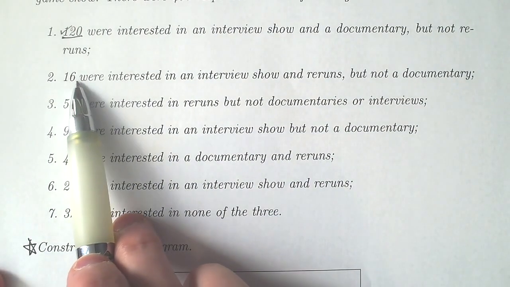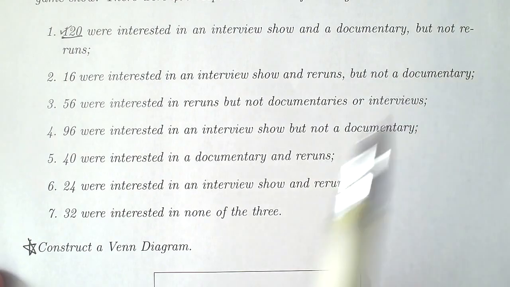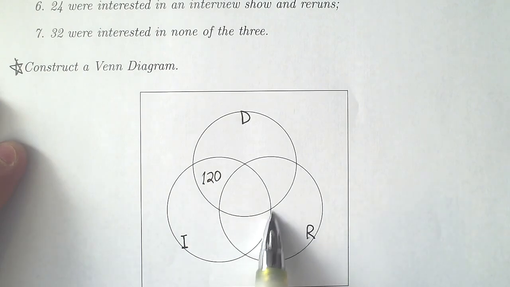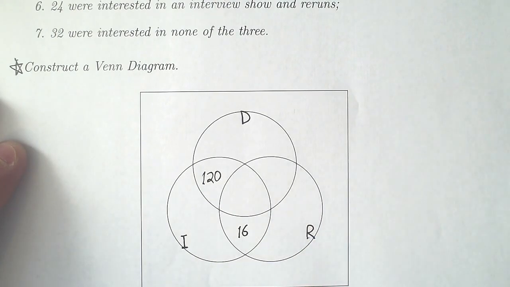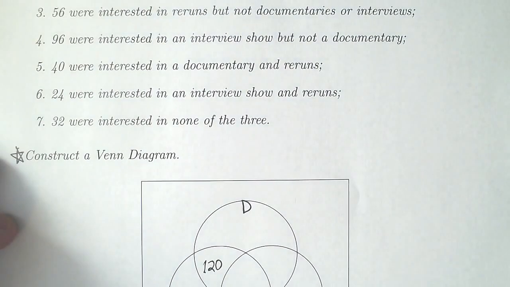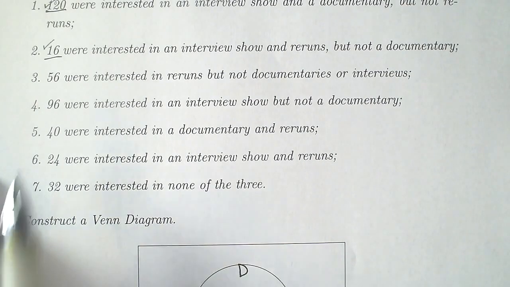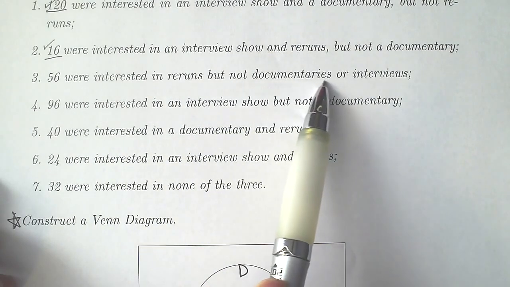The next one says 16 are interested in an interview show and reruns, but not a documentary. So here's interview, reruns, not a documentary. So we're just talking about down here, 16. So maybe this won't be so bad after all, because we're able to fill some things in based on what's given. 56 were interested in reruns, but not documentaries or interviews.